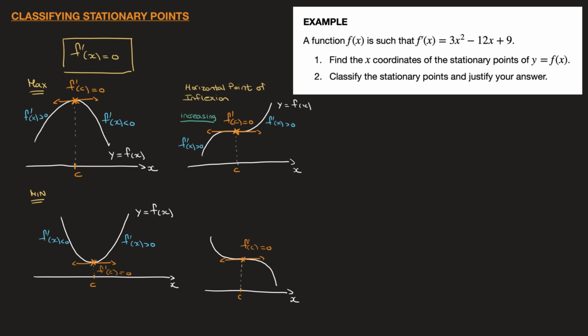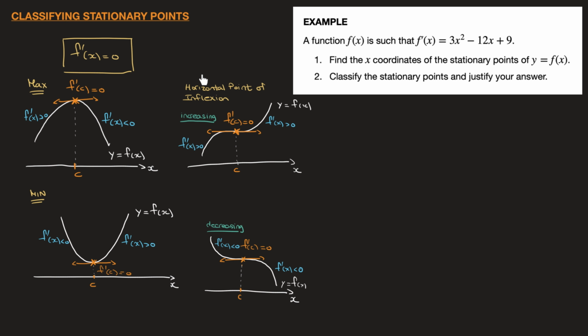And hopefully it's clear that to the left of that point, the curve is decreasing as we go from left to right, and the same can be said to the right of that point. It's decreasing. So this is the curve of y equals f of x, and hopefully it's clear that f dash of x is negative here, and it's negative here as well. There we go. That's a decreasing horizontal point of inflection.